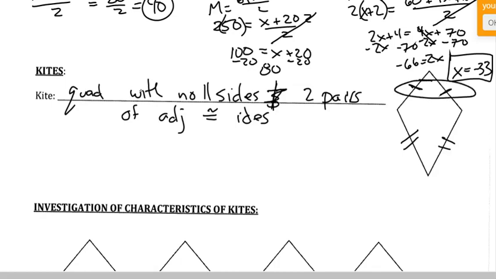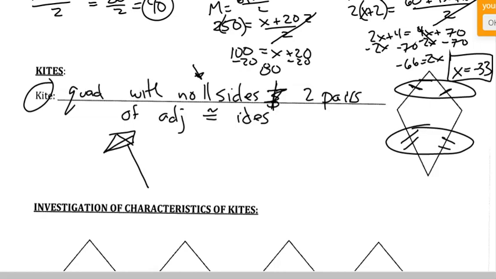So these 2 are going to be congruent, and these 2 are going to be congruent, but they're not going to be congruent to one another, or else it would be a rhombus. And a rhombus is a parallelogram, and this says it's not allowed to have parallel sides. So a kite, just like a kite you'd fly in the air. A little string coming down, you're all excited.